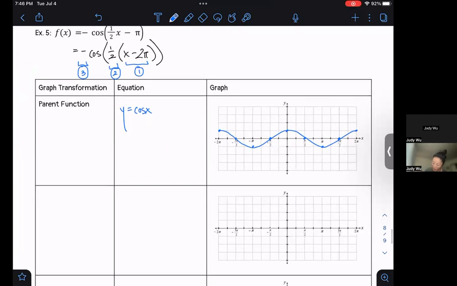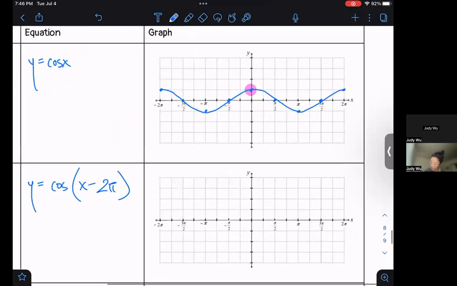All right, we are shifting to the right 2 pi. y equals cosine of x minus 2 pi. So the center point, this center point actually goes all the way out here now. So becomes there, okay?